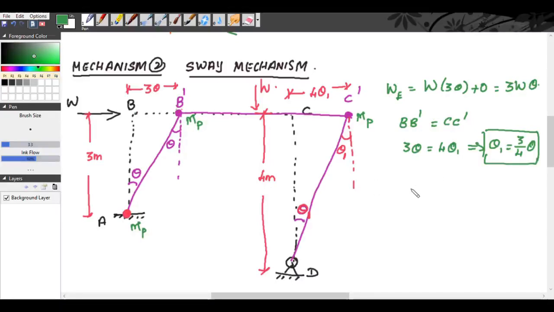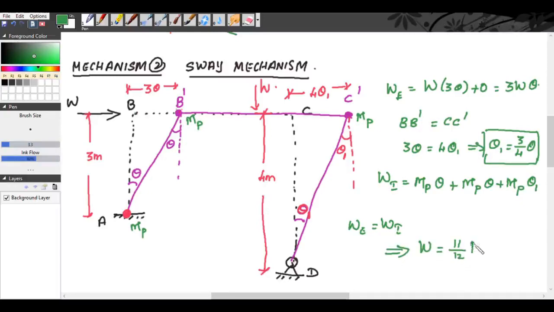Now internal work done will be equal to, at A, plastic moment into rotation theta, plus at B dash, plastic moment MP into rotation theta. At C shifted to C dash, plastic moment MP into rotation theta 1. So you can replace theta 1 by 3 by 4 theta. Now you equate external work done to internal work done. We get the collapse load W equal to 11 by 12 MP.